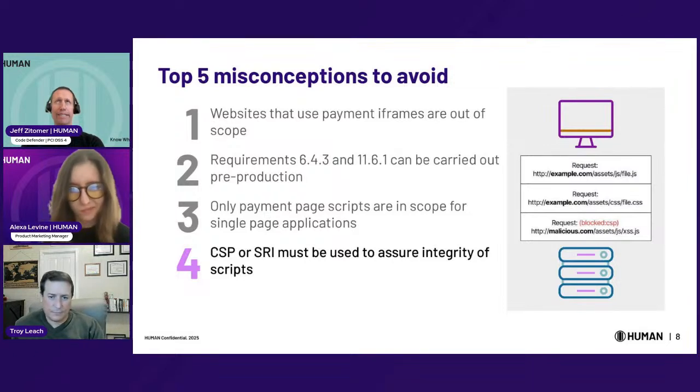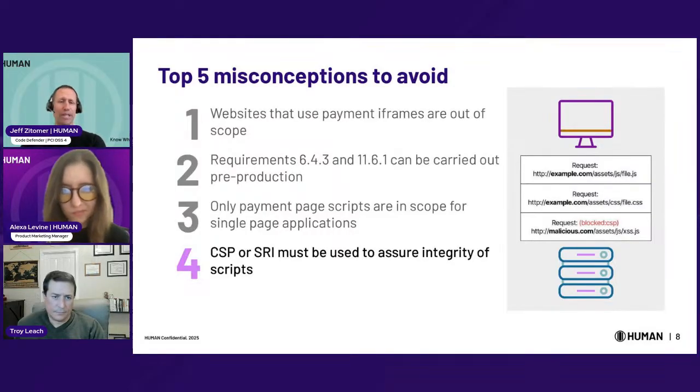And SRI will only work for that first script that's loaded, but for any other scripts that are loaded after, SRI is just completely irrelevant. So you still need a way to assure their integrity.